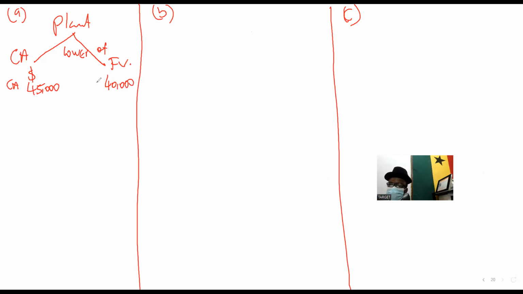Of course, 40,000 is lower than 45. So in that case, additional impairment is to be recognized. So further impairment, wow. So here there must be an additional impairment of 5,000.